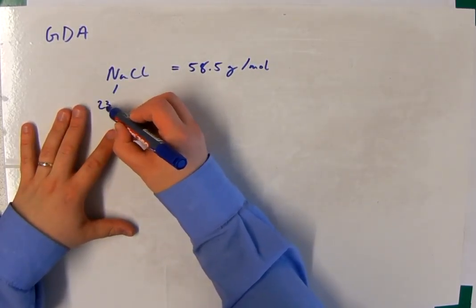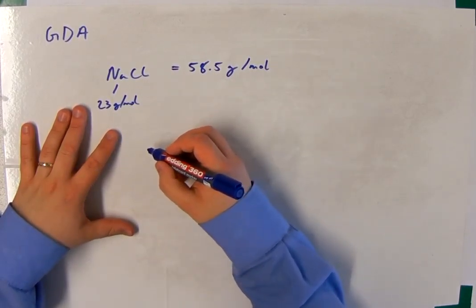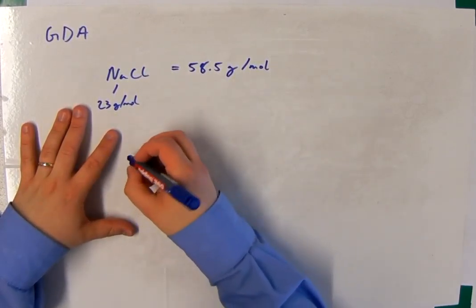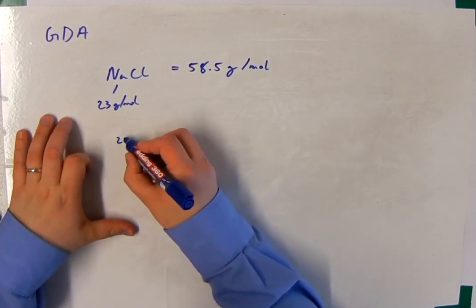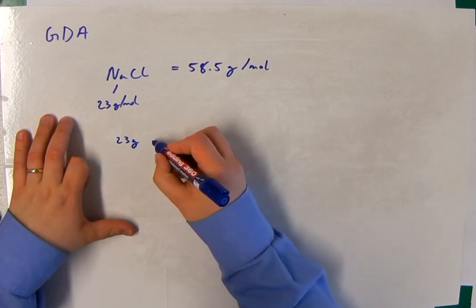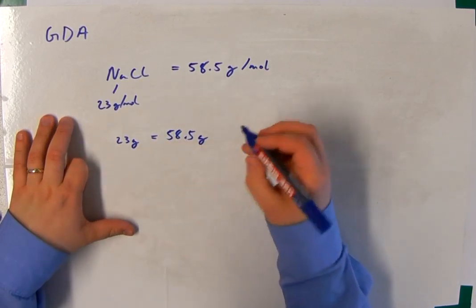Sodium is 23 grams per mole, which means that for every 23 grams of sodium, you've got 58.5 grams equivalent of salt.